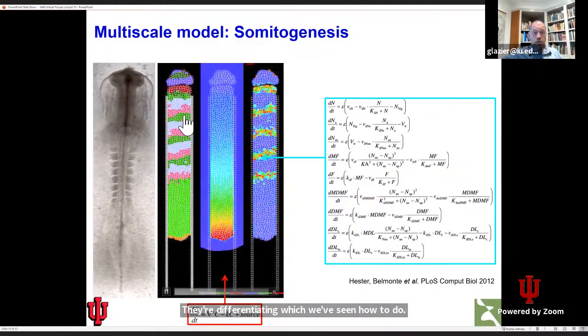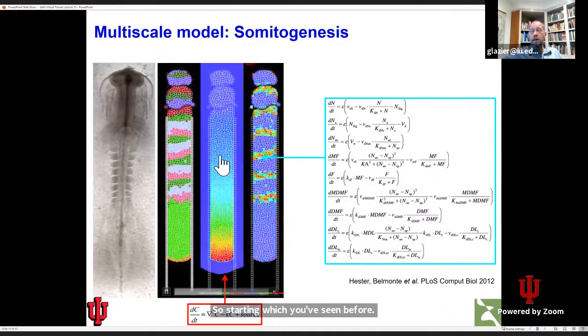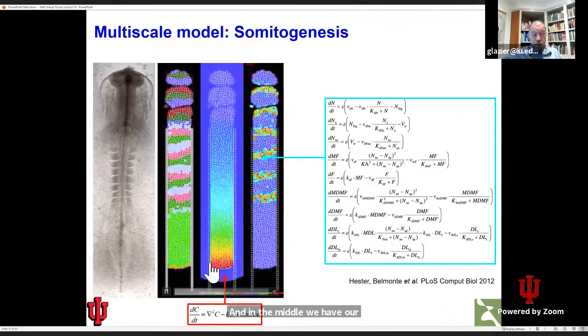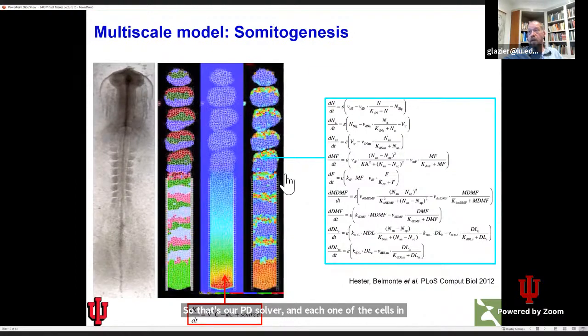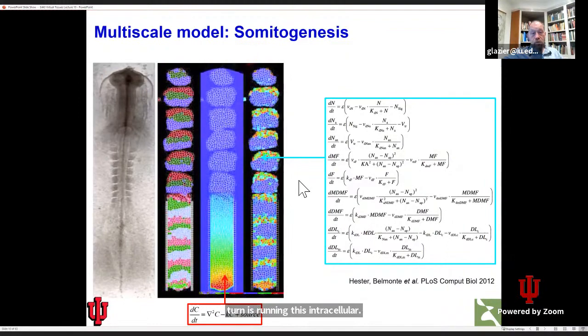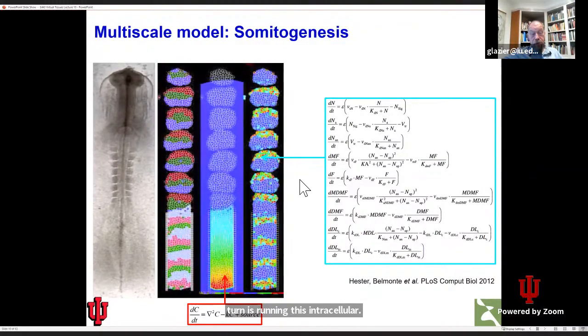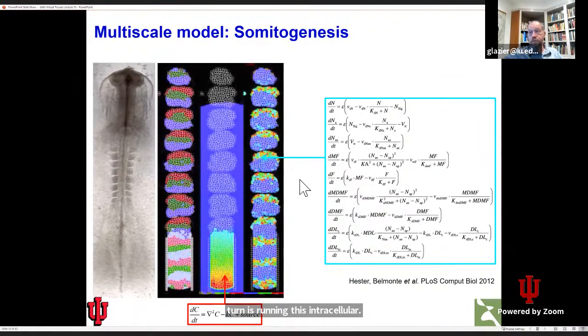That's cell sorting, which we've seen before. And in the middle, we have our diffusing chemical field. So that's our PDE solver. And each one of the cells in turn is running this intracellular model, which is reasonably complex, which represents the 3 chemical oscillators that are present in this particular type of cell.